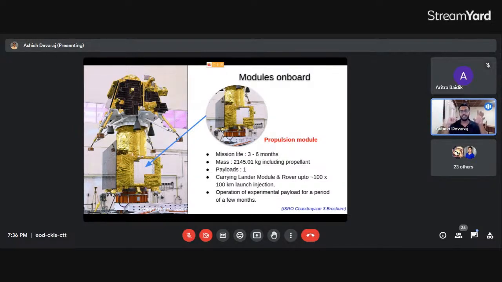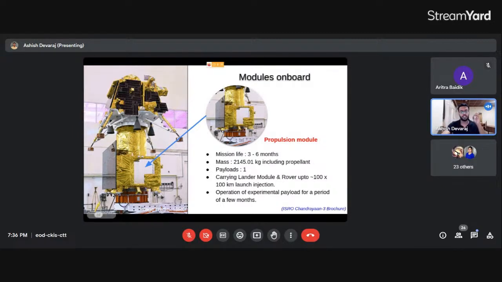In Chandrayaan 2 it was almost similar, but the propulsion module shown here was actually an orbiter. You had around 7 payloads on the orbiter itself.